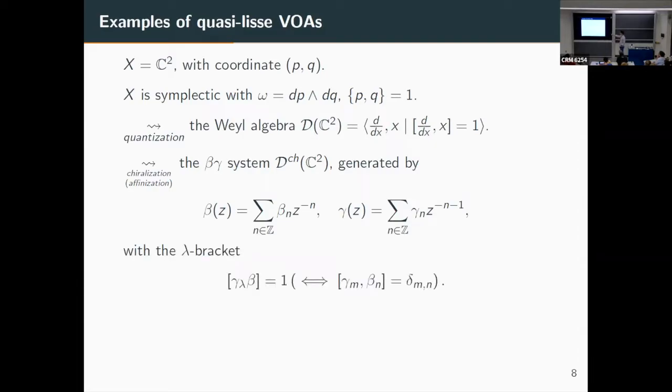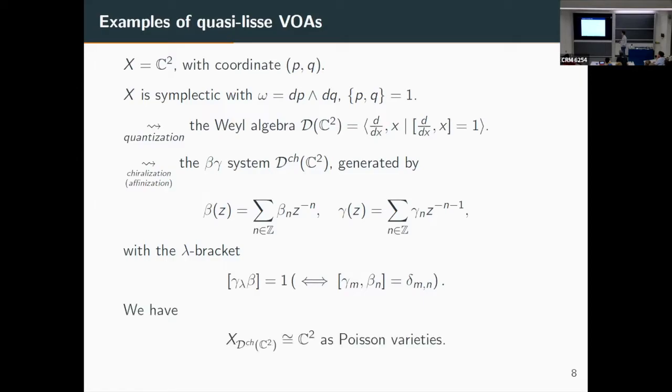And the lambda bracket is given by this formula. So this corresponds to this relation. So in terms of Fourier coefficients, this means this commutation relation. So the beta gamma system is just a Weyl algebra of infinite rank. And this defines a vertex operator algebra.